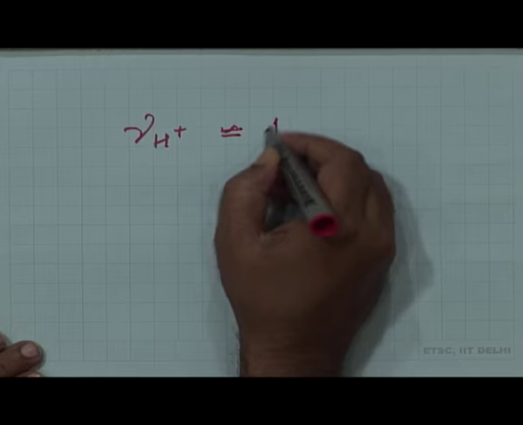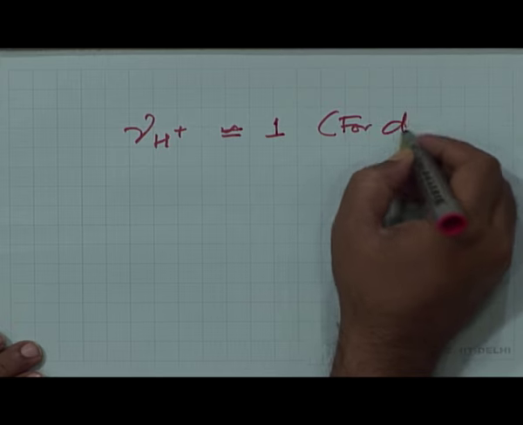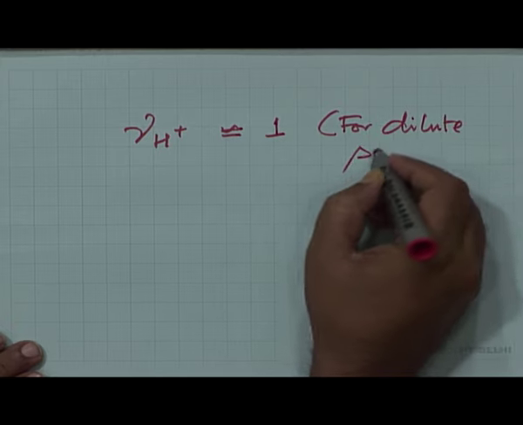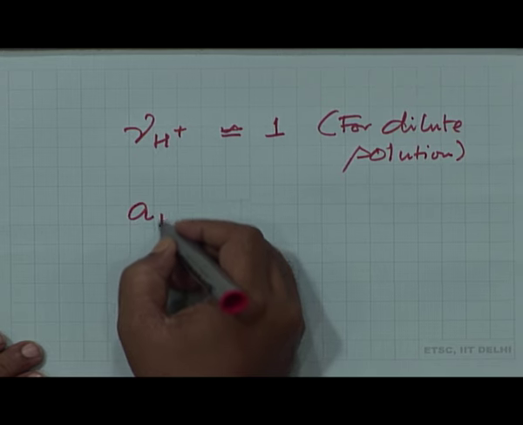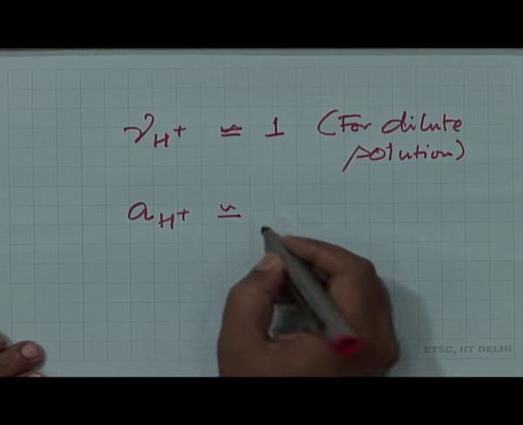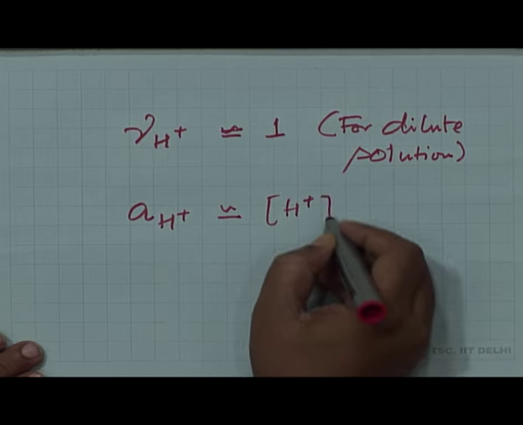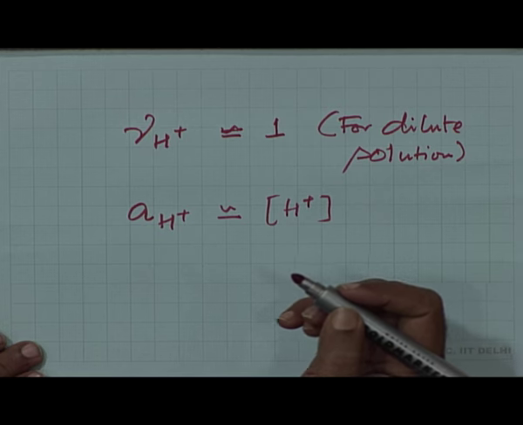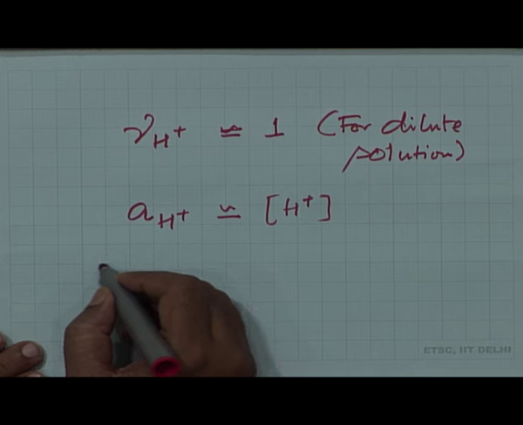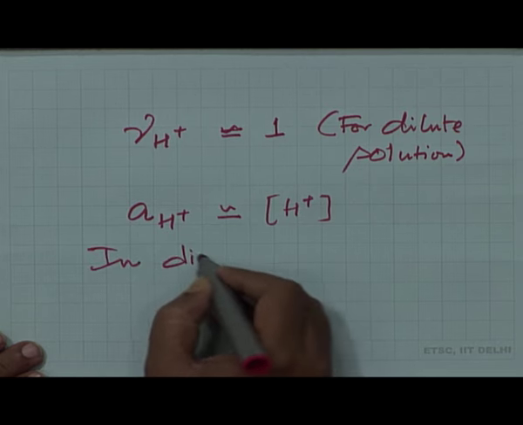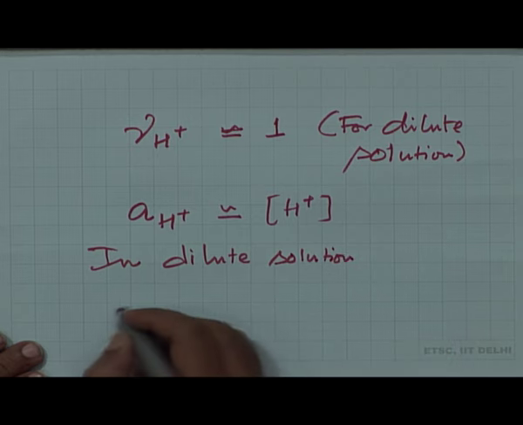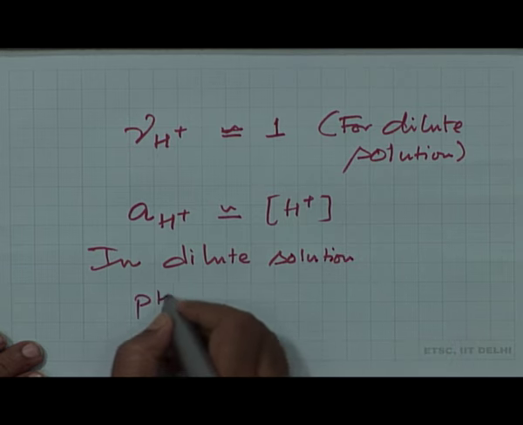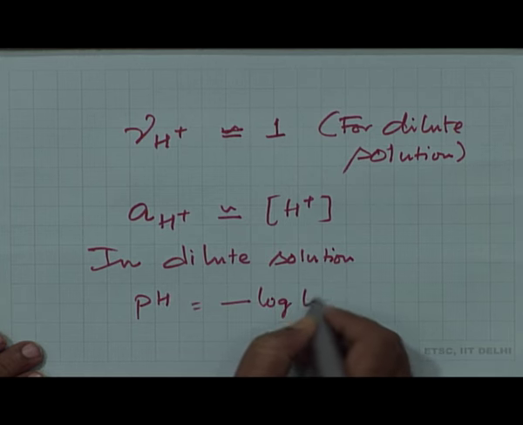The activity coefficient of H plus ion is almost 1 for dilute solution. And so, your activity of H plus ion in dilute solution is almost equal to the H plus ion concentration. And so, in dilute solution, we have pH equal to minus log H plus ion.